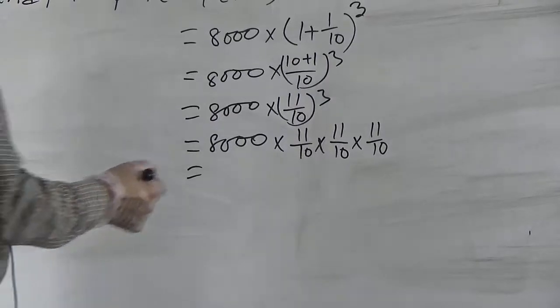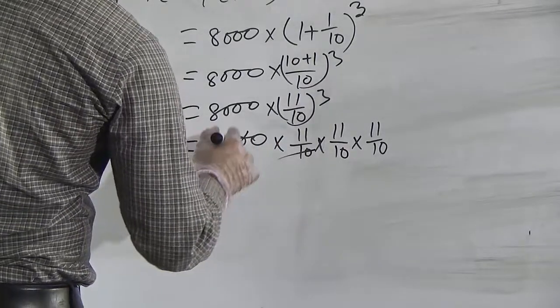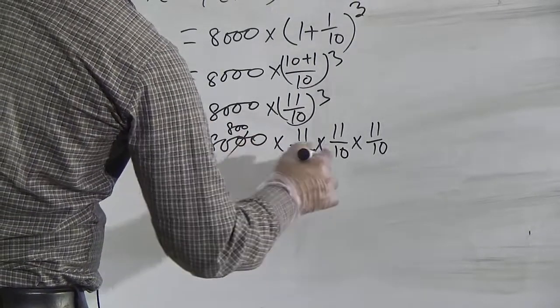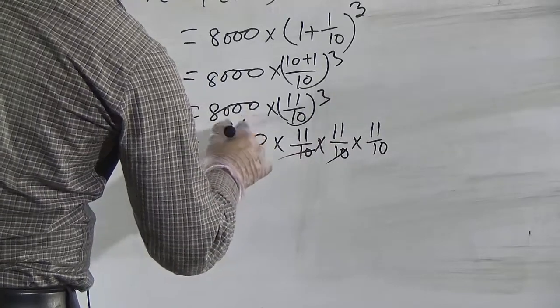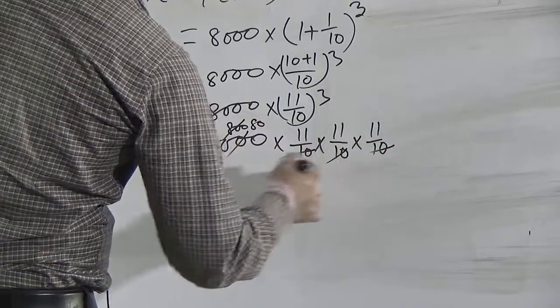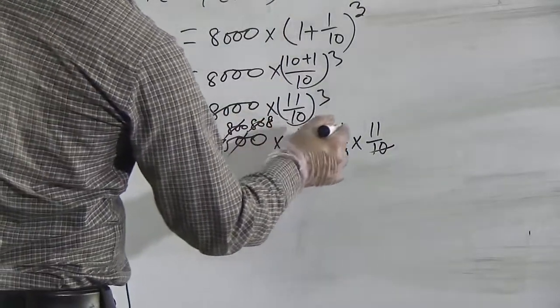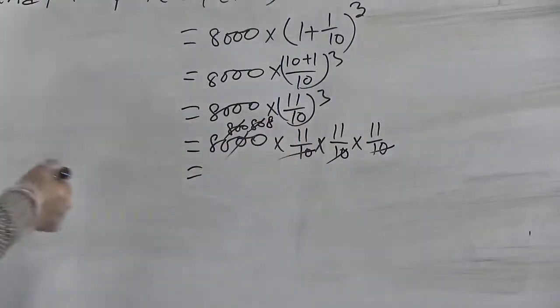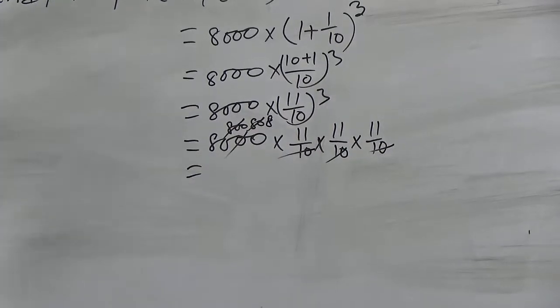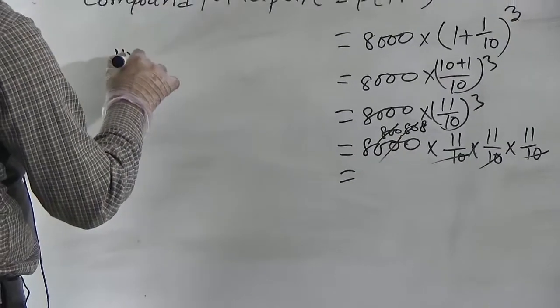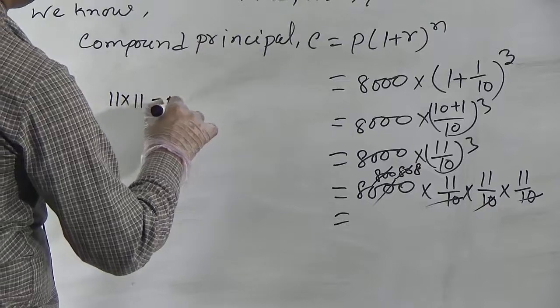To calculate this, you can use calculator or you can calculate simply. At first divide by 10, it will be 800. Then divide by 10, it will be 80. Then divide by 10, it will be only 8. Now you can multiply 11, 11 and 11, then multiply by 8. If you multiply 11 and 11, it will be 121.